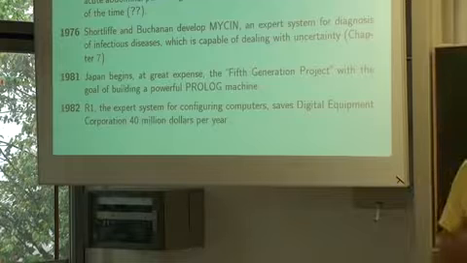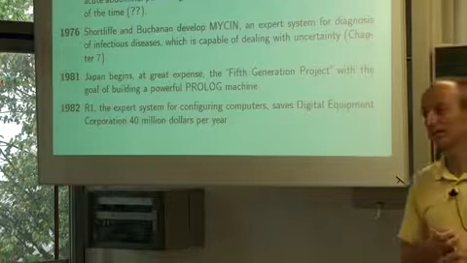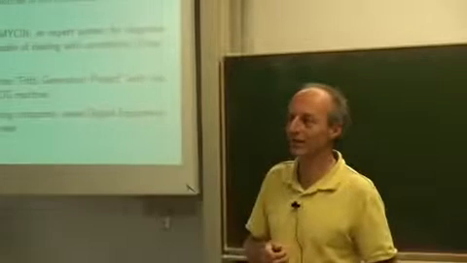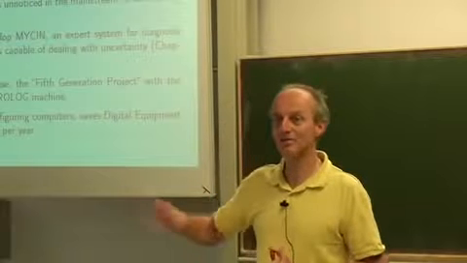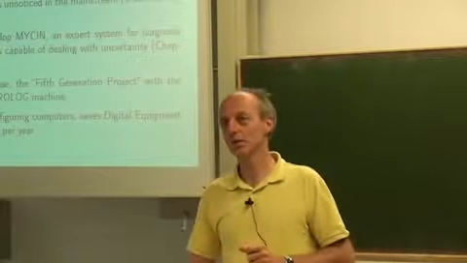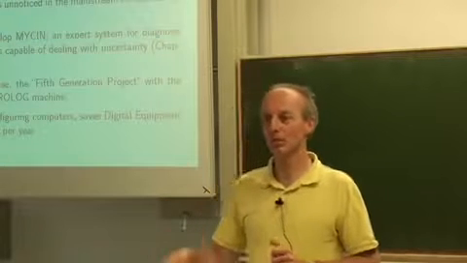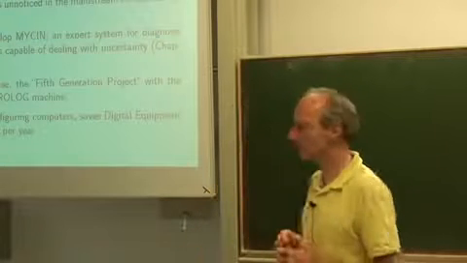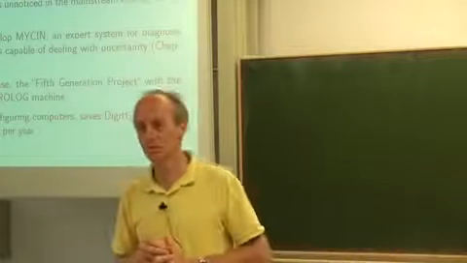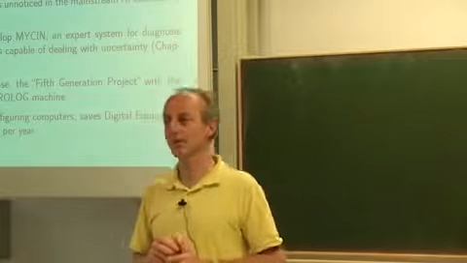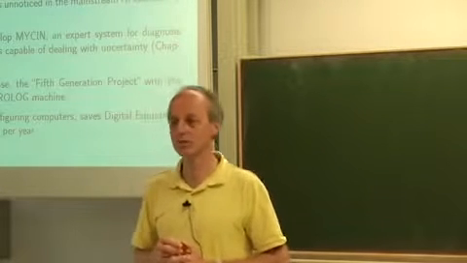I earned my money from this project, so more or less I had to speak their language. But I knew, and I told these guys in the project, you will never be successful with parallel computers in AI, because the complexity of the problems that we have to solve is exponential, or even worse.